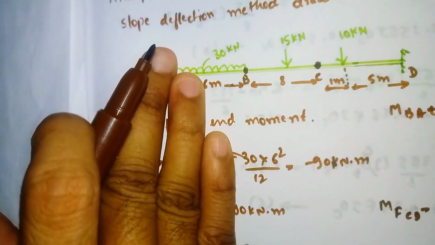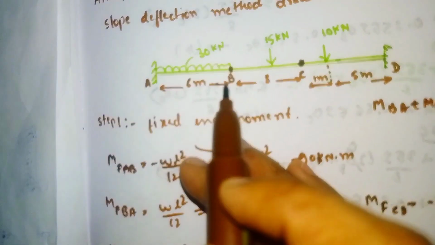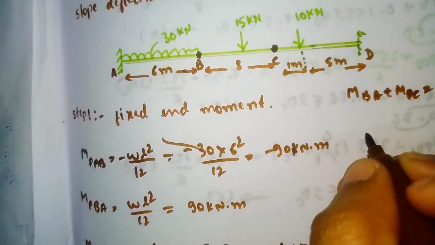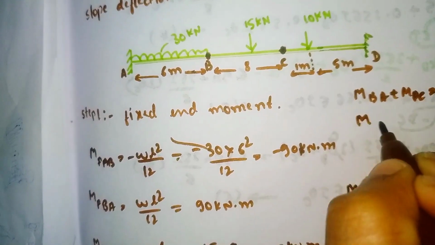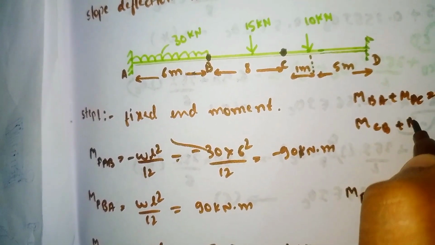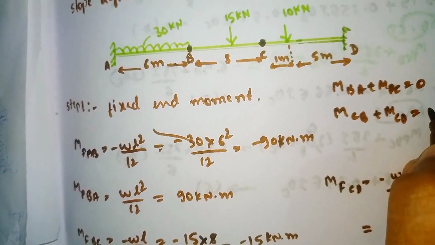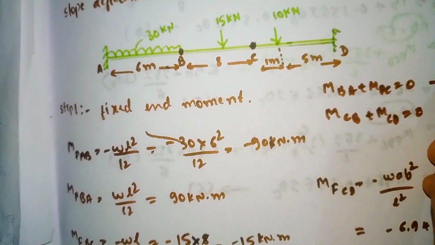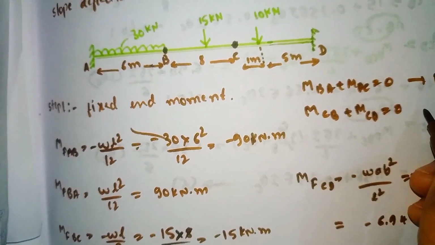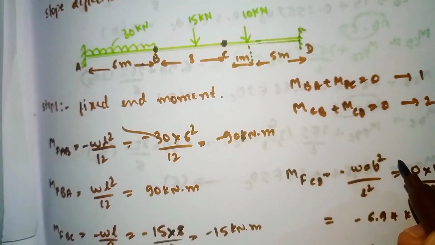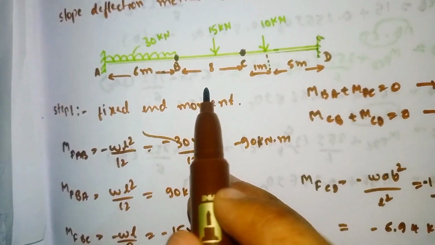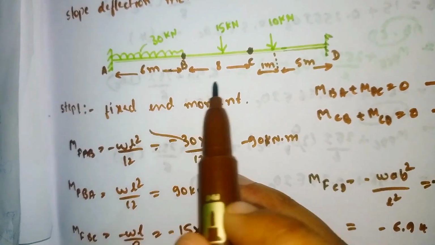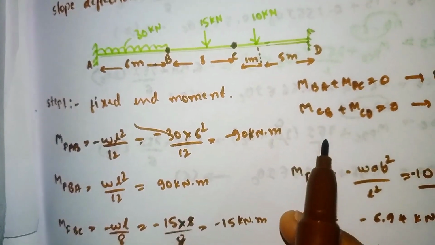Second, we take BCD, and for BCD the equilibrium condition is MCB plus MCD is equal to 0. This is our first condition, this is our second condition. We need to apply these two conditions when we get a 4 points problem.